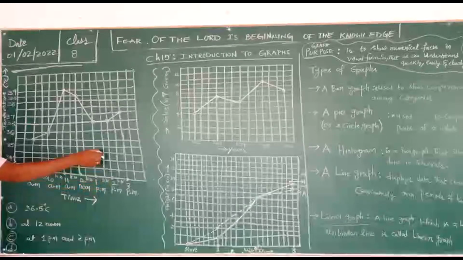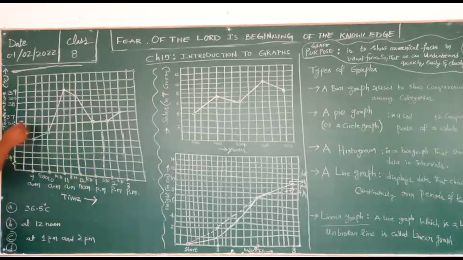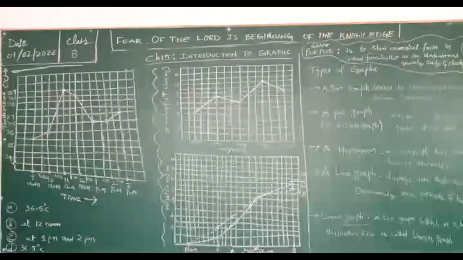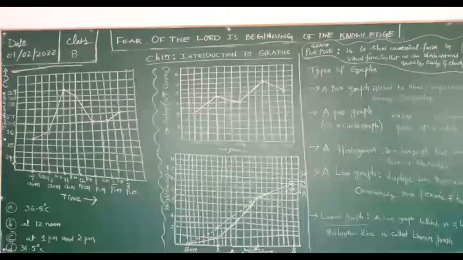So now at 1:30, what is the temperature of the patient? You find this line only. That means 36.5 degrees Celsius. You understood? Very good. Nishita said 36.5 degrees Celsius, Hemendra said 36.5, Sundar said 36.5, Eshika said 36.5.